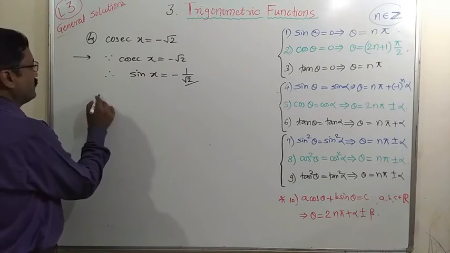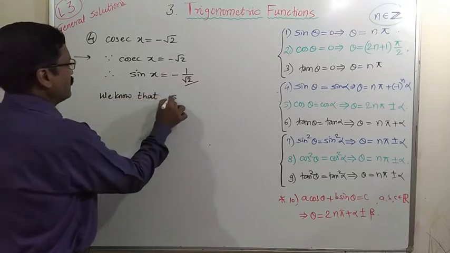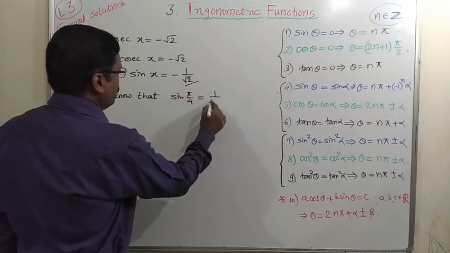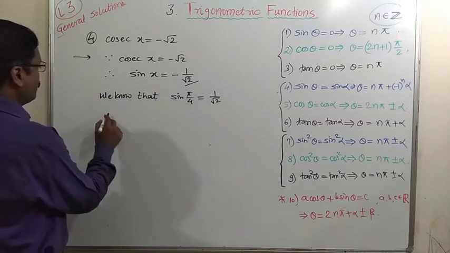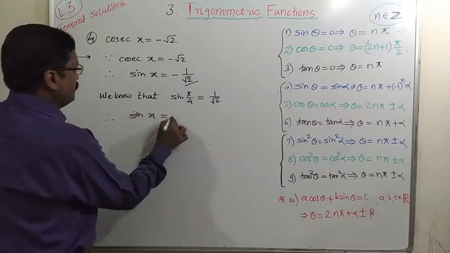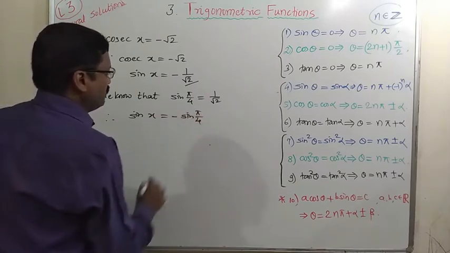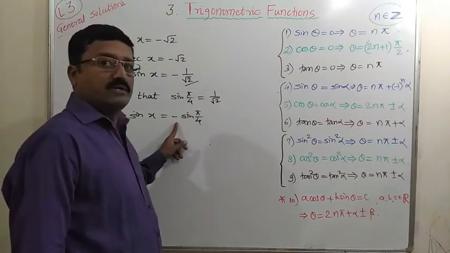As we know that sine of pi by 4 is equal to 1 upon root 2. So we will write here sine pi by 4. Therefore we get sine x equal to minus of sine pi by 4. But we don't need here negative sign, we want here positive sign.